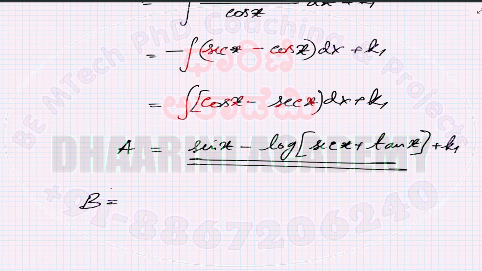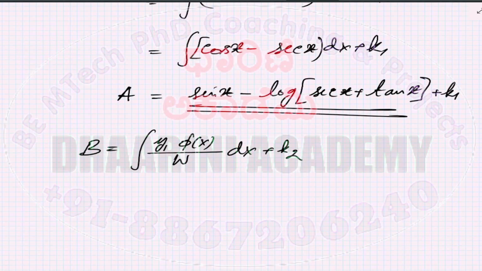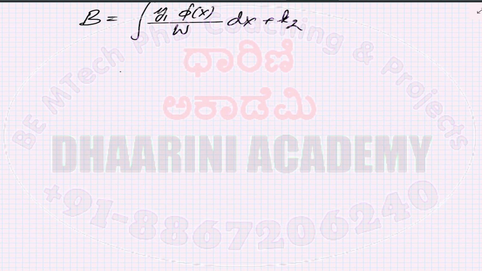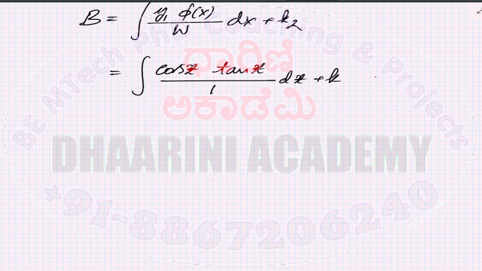So recalling the equation of b, we get b is equal to integral y1 into phi of x by w dx plus k2. All right, so let us substitute. This is equal to integral, the y1 was cos, this is cos x, phi is tan x divided by 1 times dx plus k2.